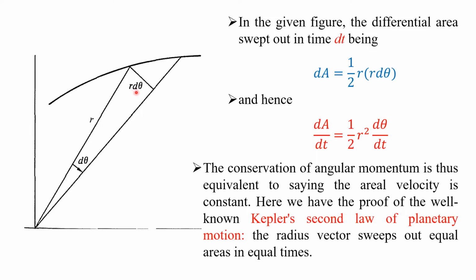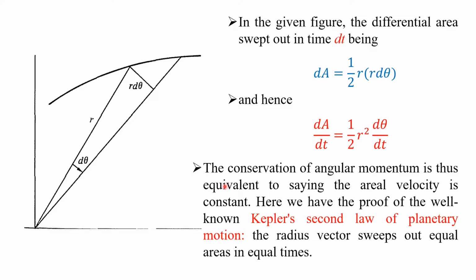Here the breadth is r d theta. So r into r d theta, which is equal to r squared d theta. Hence, if you take the time derivative of this small area, dA by dt is equal to 1 over 2 r squared d theta by dt.